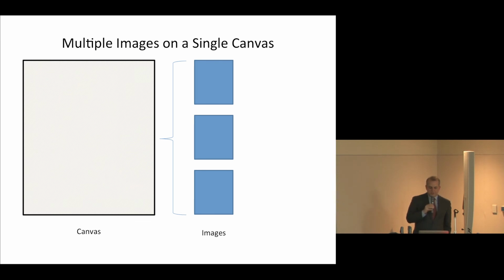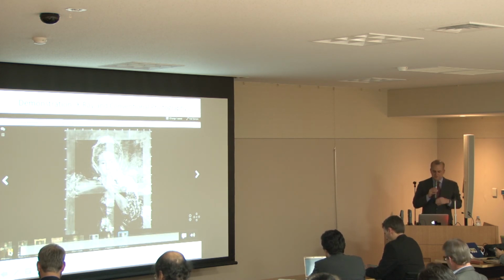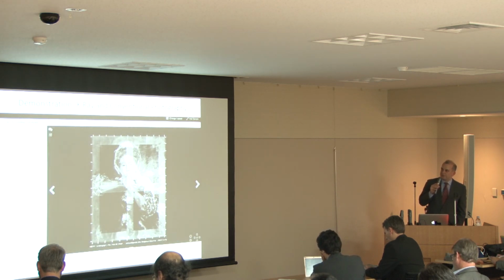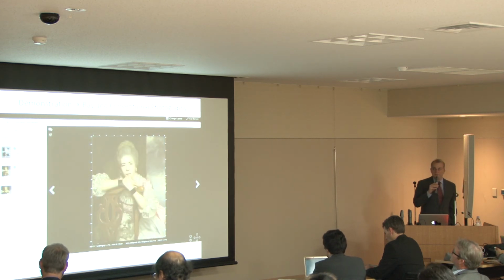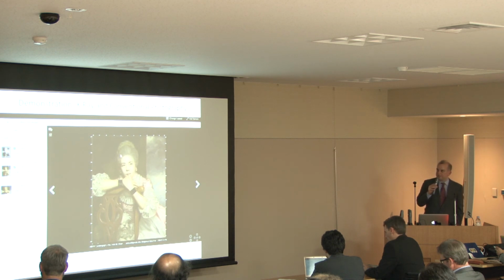Another approach is to use multiple images that target the entire canvas. This lets you build a sort of stack of multiple images that can be turned on and off. So similar to the example that you saw earlier from the National Gallery of Art, with the woman in the red hat, here's an example from the Yale Center for British Art, where we have an X-ray version of the painting, and we can turn on an overlay that is a conventional photograph, and we can adjust the opacity of that, so you can then start to see some differences between the X-ray version and the visible light.